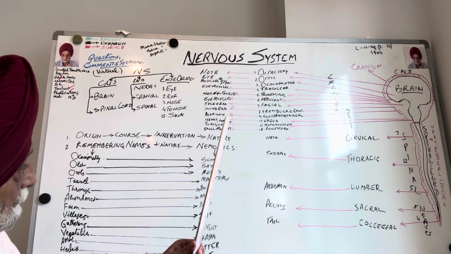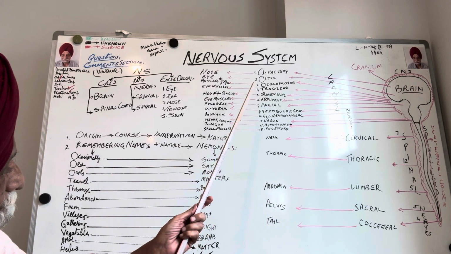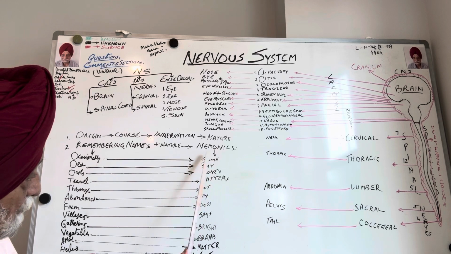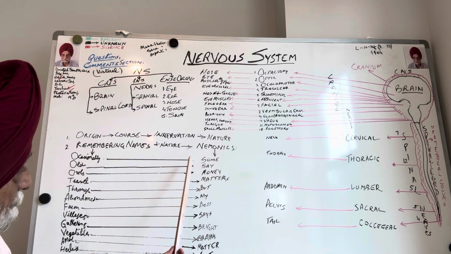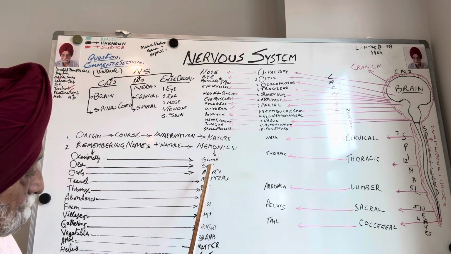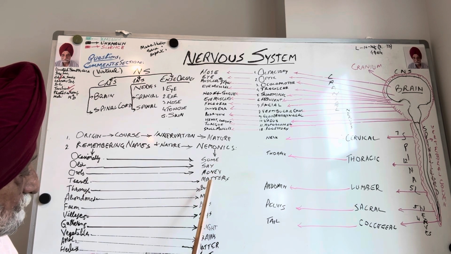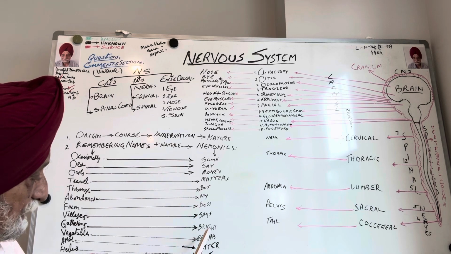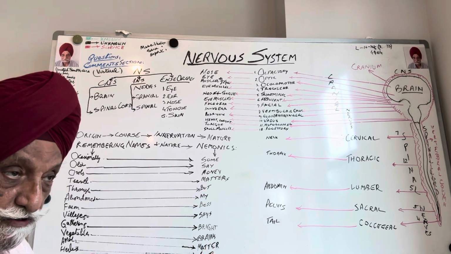Now, to remember their nature, the other mnemonic is: some say money matters, but my boss says bright brains matter most.